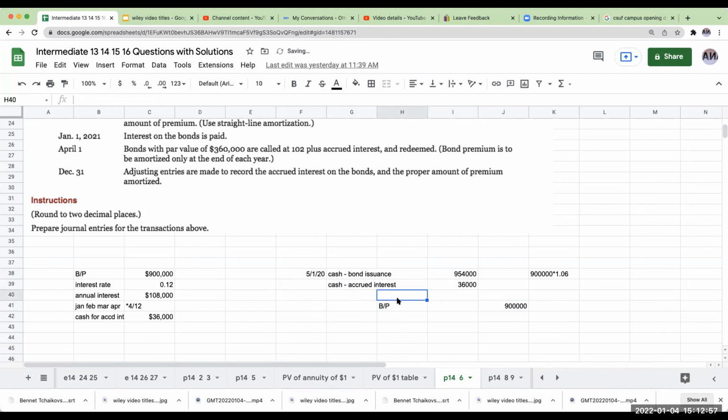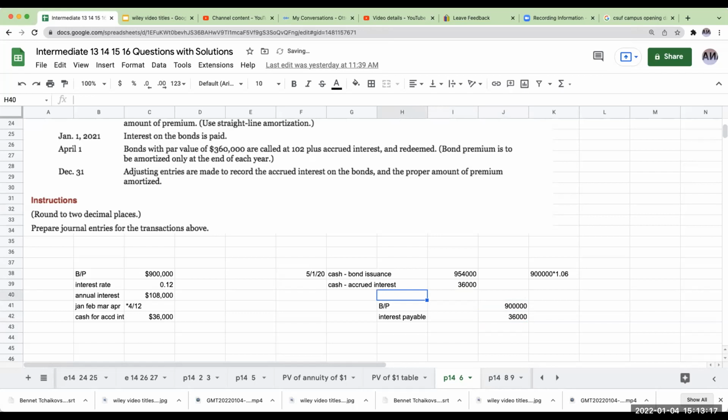Now, in terms of what they're asking you to do, which is to credit interest expense, I don't think that's really correct, because what we should be crediting is interest payable. And this is going to be for the 36,000. It's a liability we've received in advance that we're going to ultimately be paying back.